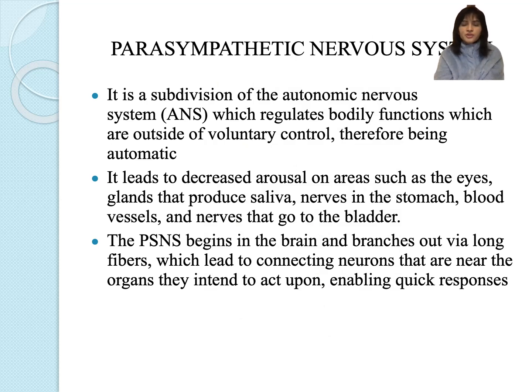It leads to decreased arousal in areas such as the eyes, glands that produce saliva, nerves and the stomach, blood vessels, and nerves that go to the bladder. The parasympathetic nervous system begins in the brain and branches out via long fibers, which lead to connections with neurons that are near the organs they intend to act upon, enabling quick responses.